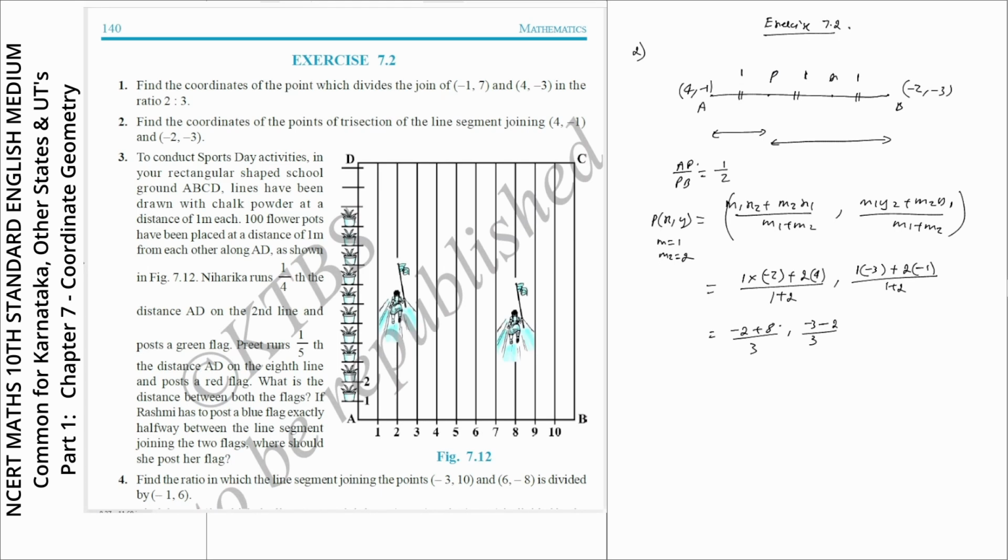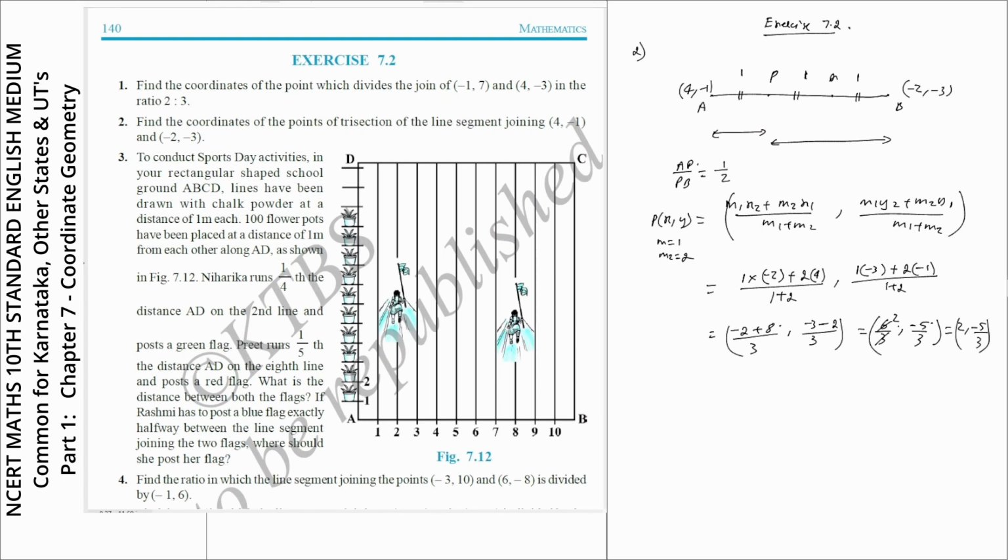So I'll get minus 2 plus 8 is plus 6 by 3, and minus 3 minus 2 is minus 5, so minus 5 by 3. So 3 twos are 6, and I'll get 2 comma minus 5 by 3 as the coordinates of point P.